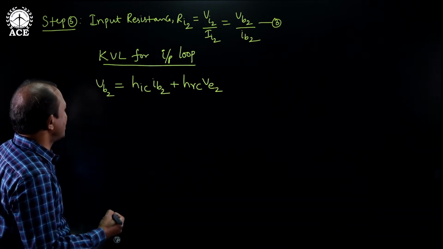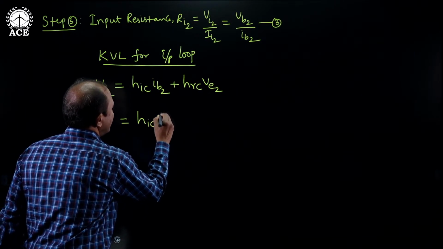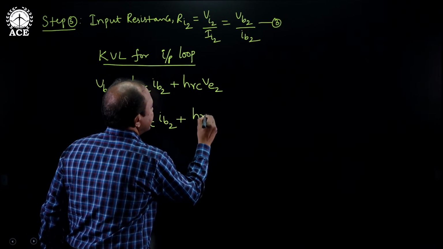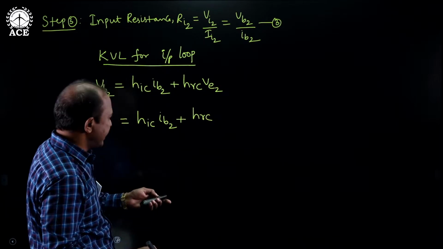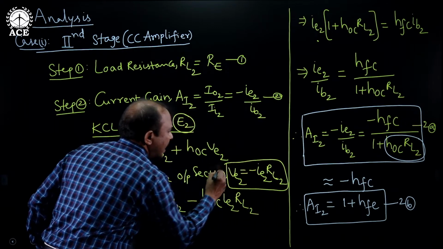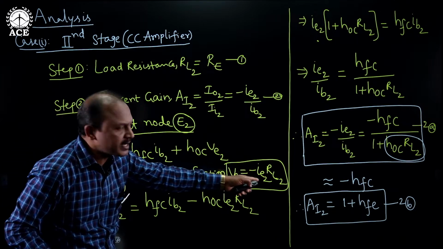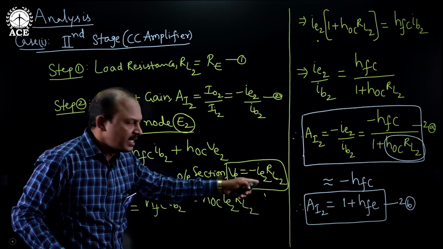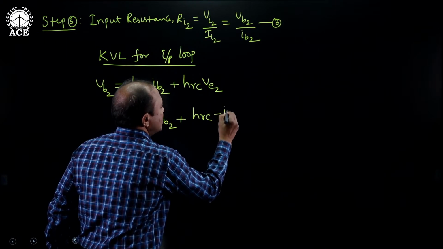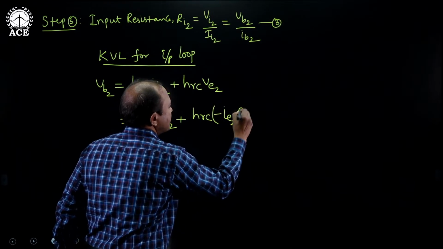Then simply rewrite this equation as HIC IB2 plus HRC. We know from the previous analysis we have already obtained VE2 equal to minus IE2 RL2. I will use this relation in that equation. VE2 equal to minus IE2 RL2 relation is already there with us. Let us use this relation in this equation. This is minus IE2 into RL2, for VE2.